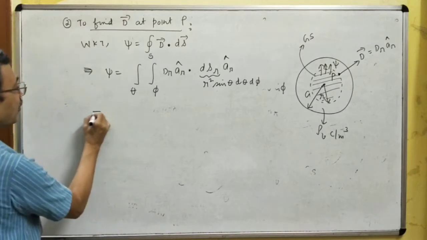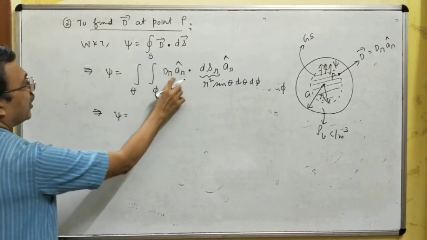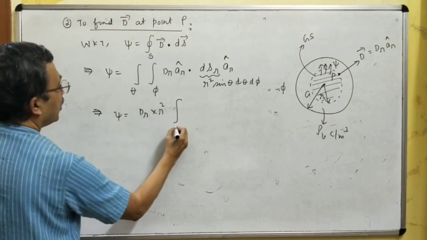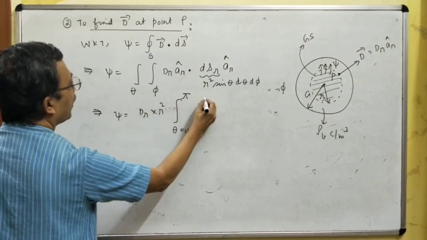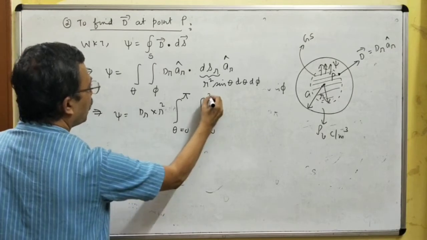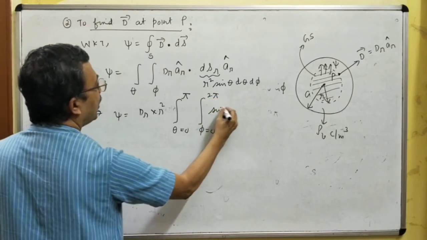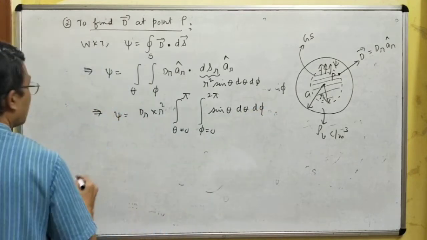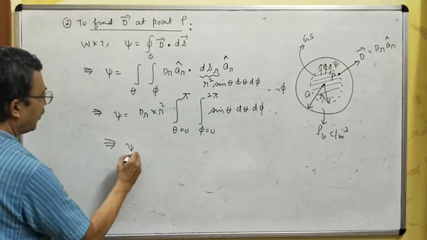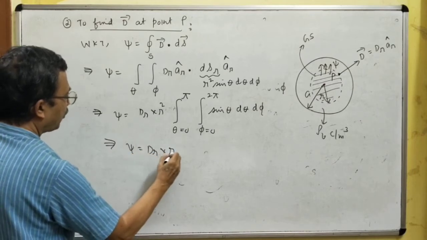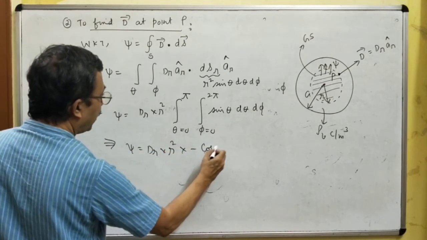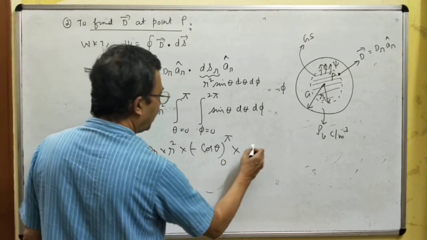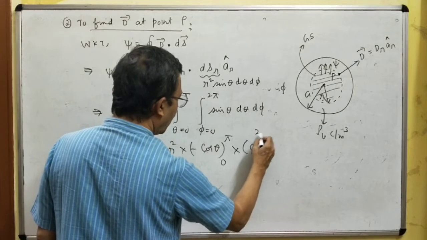So psi is equal to, ar cap dot ar cap is 1, Dr into r square you take out, theta varies from 0 to pi, phi varies from 0 to 2 pi, sin theta d theta d phi. Sin theta, if you integrate, you get minus cos theta between 0 and pi. D phi, if you integrate, you get phi between 0 and 2 pi.